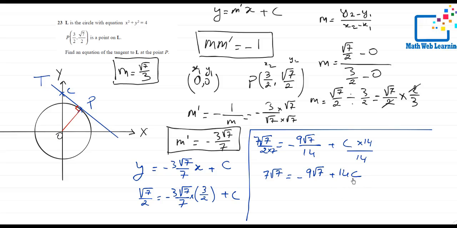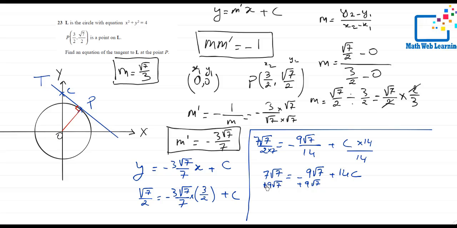Now I need to make c the subject, or solve it for c. This is 7 root 7. This is 9 root 7, negative. But in order to move it to this side, you need to add plus 9 root 7, the same way as you would with normal whole numbers or integers. So we add plus 9 root 7.